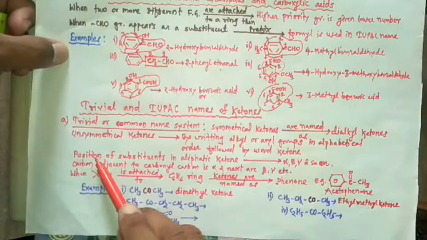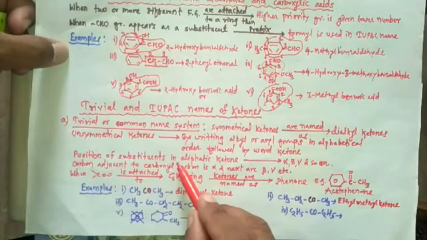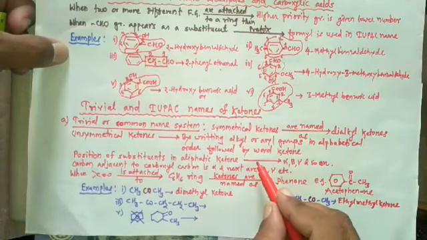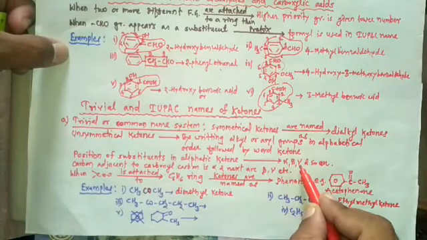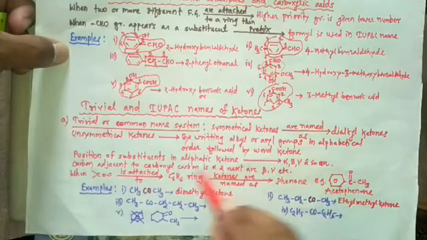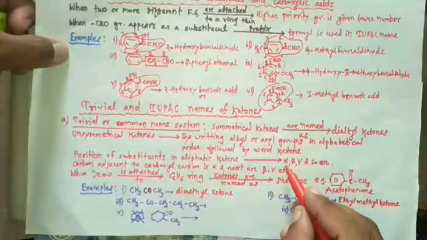So during the common name system, position of substituents in aliphatic ketones are indicated by Greek letters like alpha, beta, gamma and so on. If substituents are present, then their position is indicated by Greek letters.